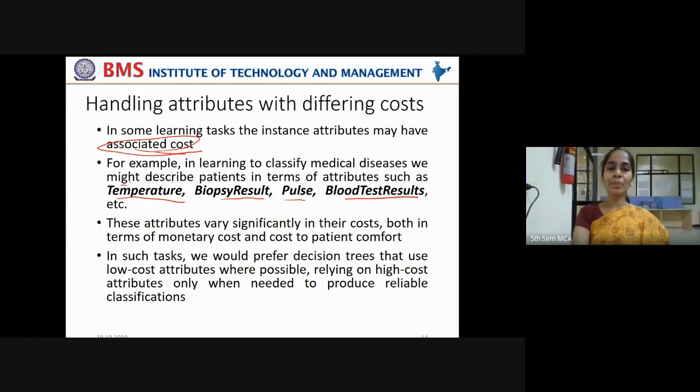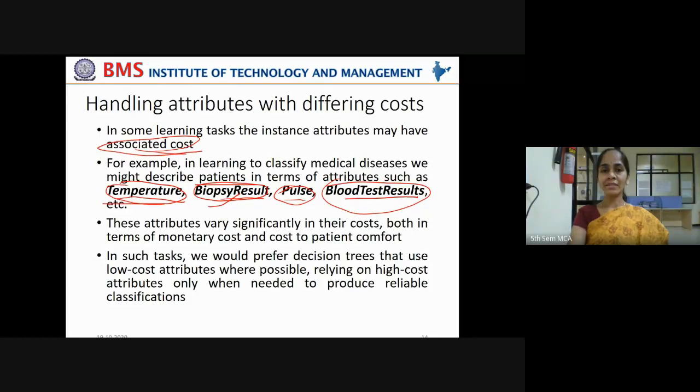Most patients' temperature and pulse will be available, and even blood test results will be available because measuring them is of lesser cost or easy. But for the biopsy result, most patients are not comfortable taking that test because it is uncomfortable. Also, it is a little costly.